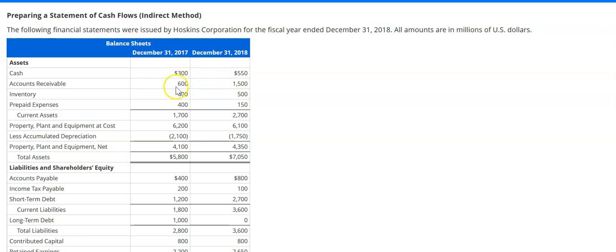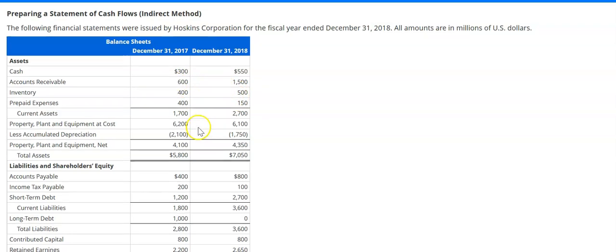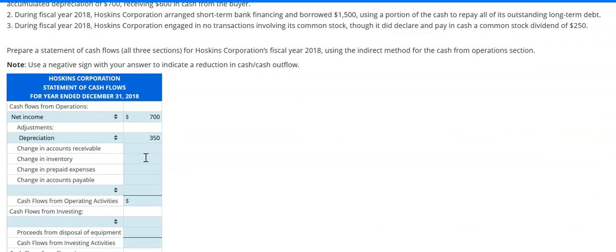So even though our receivables went up, what we're going to do is handle this in the opposite manner. And so what we're going to do is type in negative 900 here. Okay, accounts receivable went up, so the impact to cash would be a downward effect.